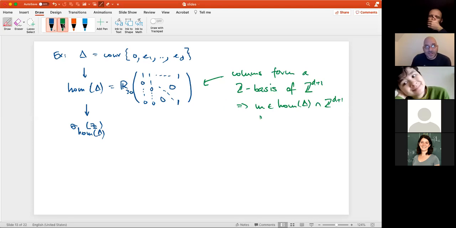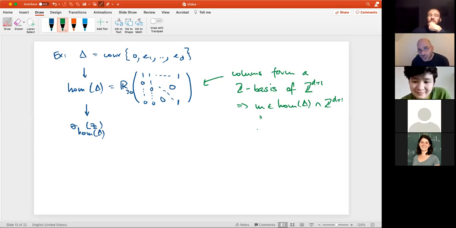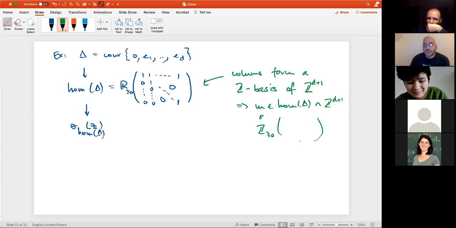And every integer point is a unique non-negative integer combination of my vectors.